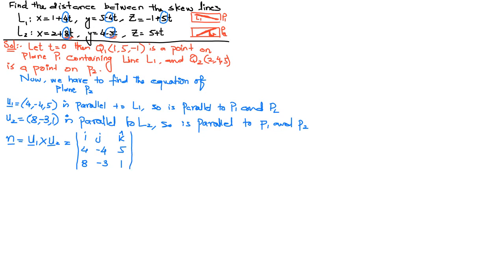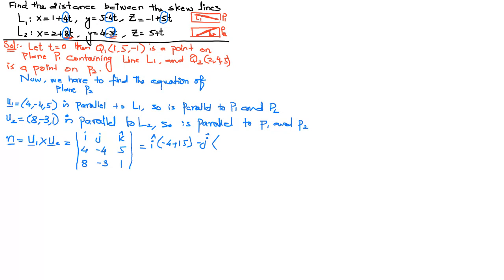Now what is the cross product? i times minus 4 plus 15, minus j times 4 minus 40, plus k times minus 12 plus 32.